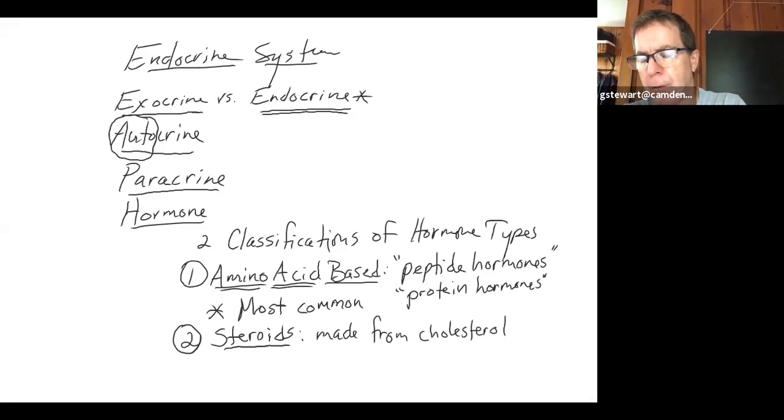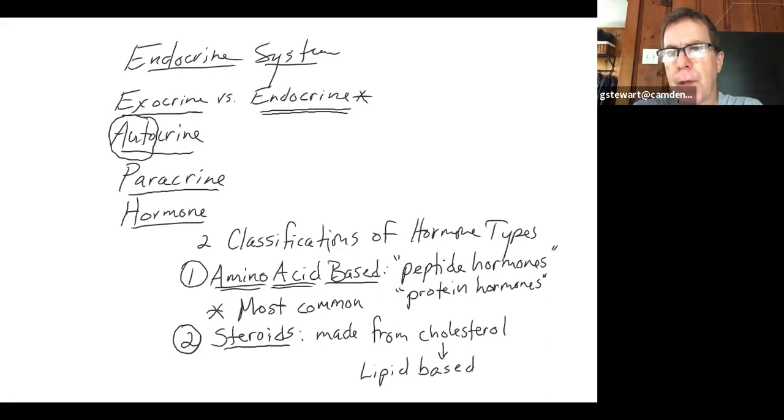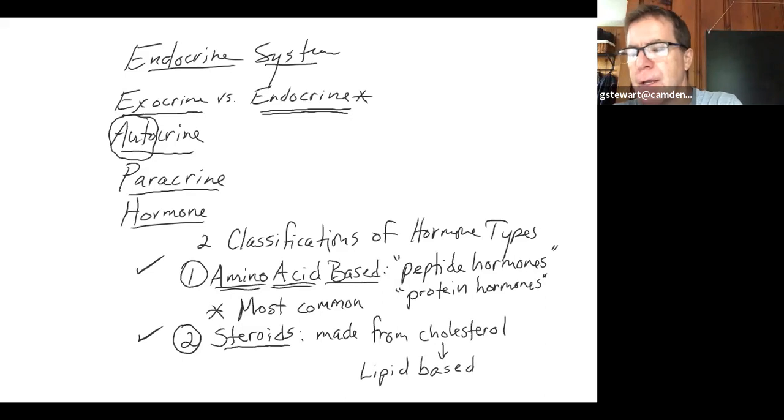That's their chemical composition, and steroid hormones look like cholesterol rings. Cholesterol itself is lipid-based. We learned that when we were learning the 4 organic compounds in the human body. So basically, we have amino acid-based hormones and steroids. They behave differently. Those are the 2 main classes of hormones in the human body.